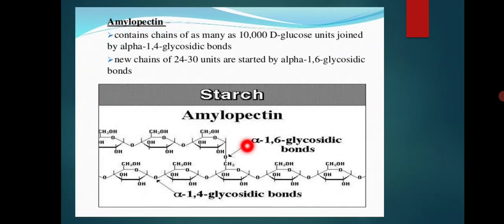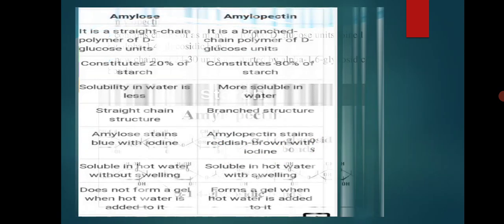अमाइलोपेक्टिन की अगर हम बात करें तो amylopectin is a branched chain, where the branches are linked by alpha 1,6 glycosidic bond, and the glucose units are joined together by alpha 1,4 glycosidic bond. It consists of as many as 10,000 glucose units. So that is about amylopectin.